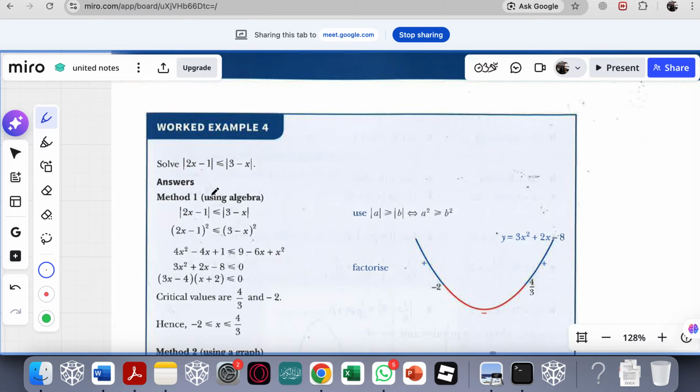The bigger one, you say x is less than or equal to that one. The smaller one, you say x is greater than or equal to that one. So you have 4 over 3, which is 1 point something on this side, and negative 2 on this side for the quadratic. But this red one is the part that doesn't really show when you sketch. Thank you for joining us.